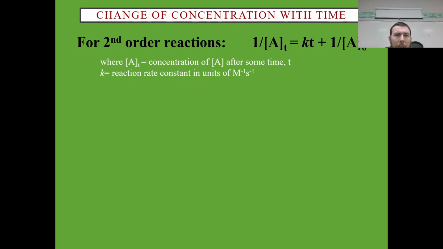The only thing I want to pause and take a look at here is that because we're dealing with a second order process, that means the units for our rate constant are going to be inverse molarity, inverse seconds. Those are going to be multiplied together. So you could think of it as 1 over molarity times seconds. Again, time is in seconds, but time could be in another interval, whatever they communicate to you in your problem. And then your A naught is your initial concentration.